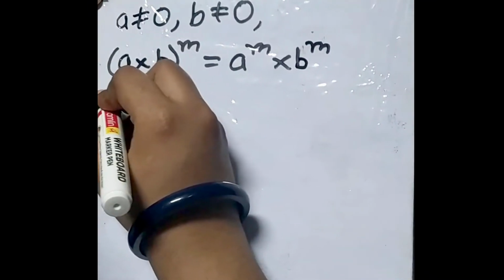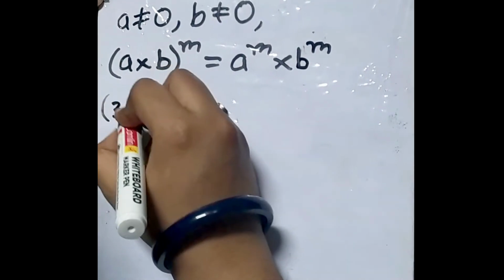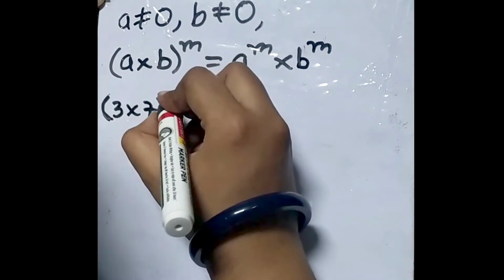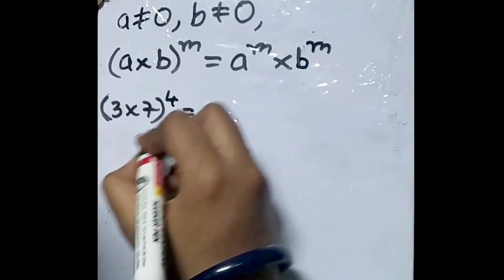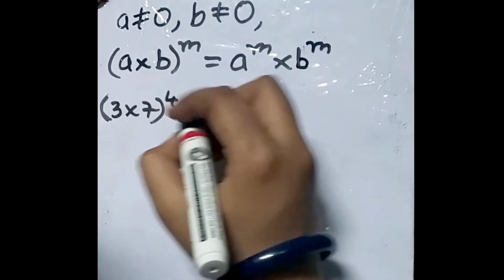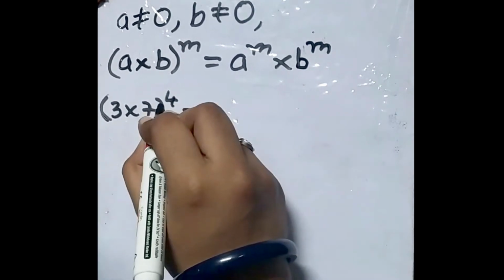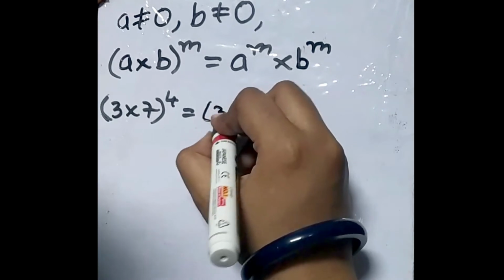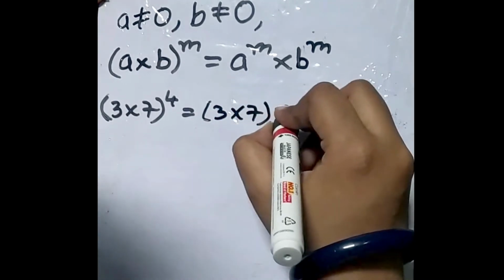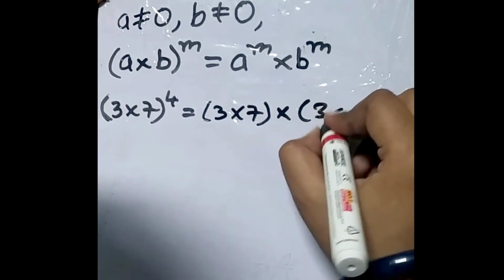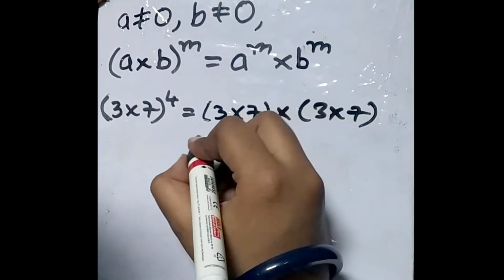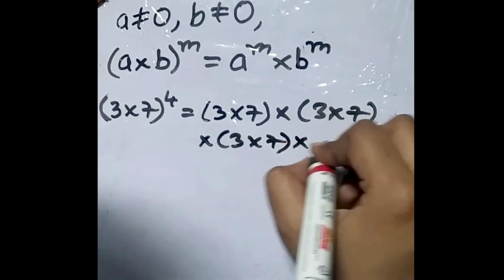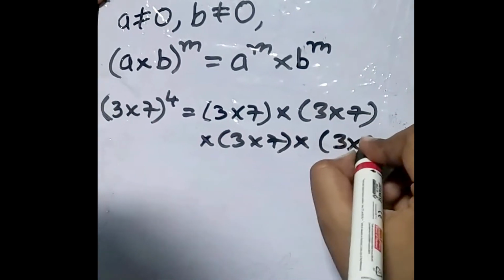See this example. 3 into 7, the whole thing raised to 4. This 3 into 7, how many times are we multiplying with itself? 4 times. So 3 into 7 into 3 into 7 into 3 into 7 into 3 into 7.